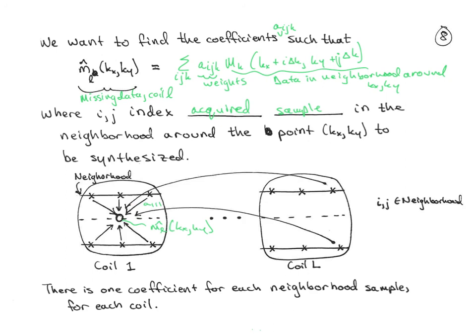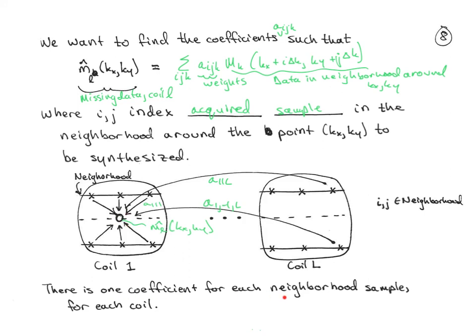and we're going to sum it with all the other weighted data points, where, for example, the data in coil L will be multiplied by a 1 1 L, and the data on the opposite side of this line from the to-be-synthesized point is going to see a weight of a 1 minus 1 comma L. Right, so we're going to have all these weights, we're going to multiply by all the data, and the sum of all that weighted data is going to give us the missing k-space data point.